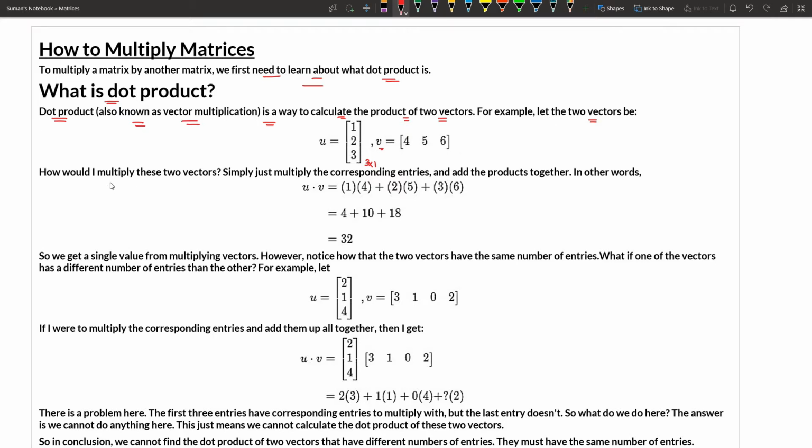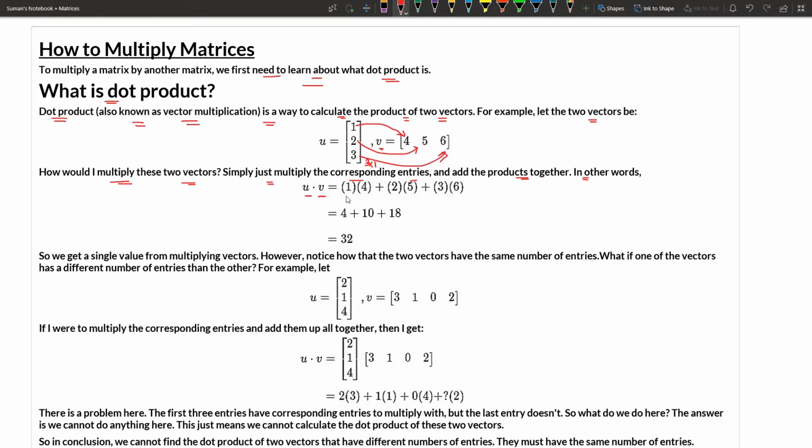So how would I multiply these two vectors? Simply multiply the corresponding entries and add the products together. In other words, u dot v must be multiplied with the corresponding entries. That means 1 with 4, 2 with 5 and 3 with 6.